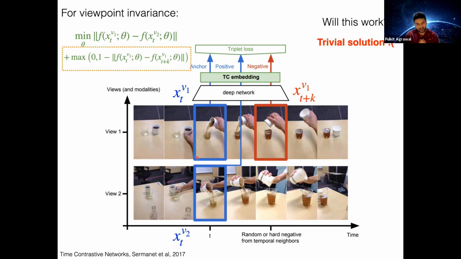Because I want the embedding of the anchor and the positive to match up, and I want the embedding of the anchor and the negative to not match up. This loss function or this method was proposed in the paper Time Contrastive Networks by Pierre Sermanet in 2017. And this TC embedding is a short form for time contrastive embedding.